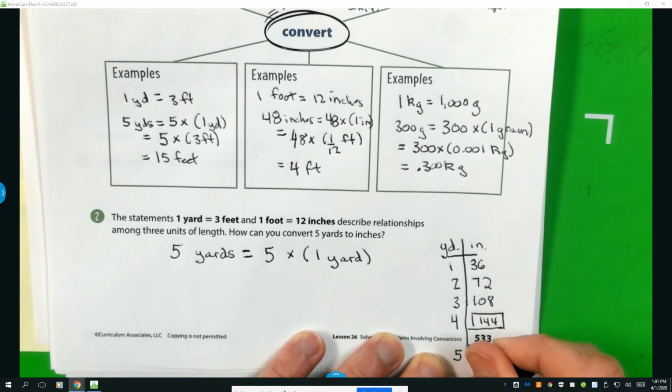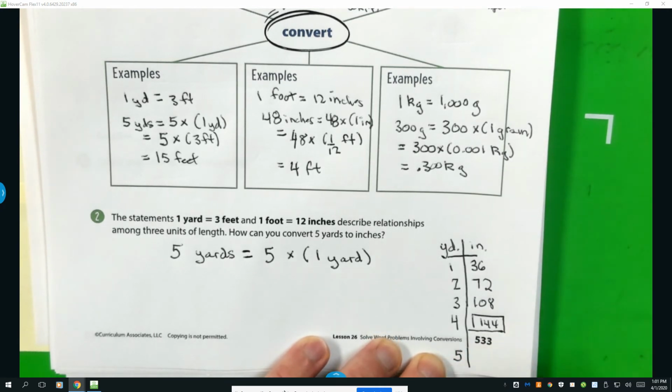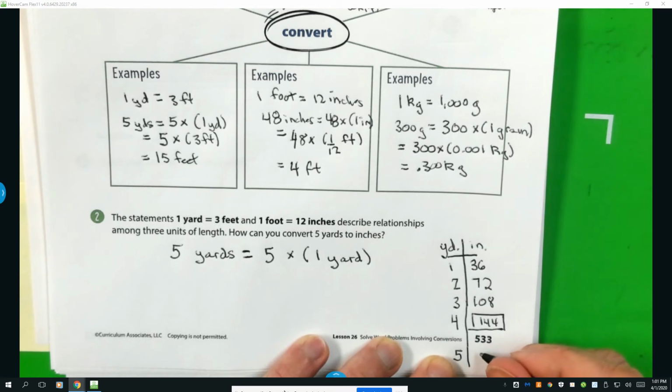And then 5 yards. Okay, what's 5 yards going to be? Just doing it mentally, I think it's going to be 180.